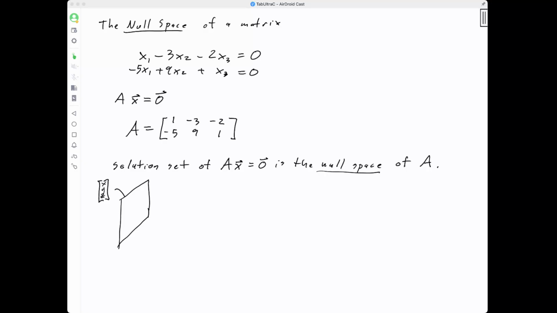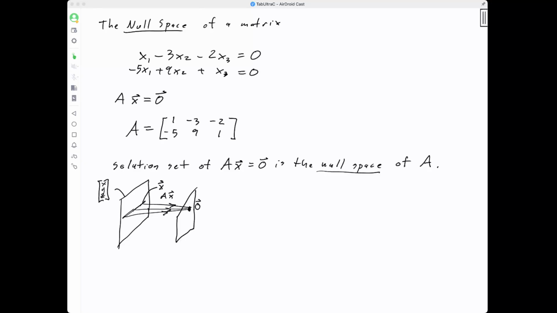Within our vector space, there is going to be some set of vectors, which I'm going to represent as vectors along a line, such that when we take A times any of these vectors, we get the 0 vector in the other vector space.